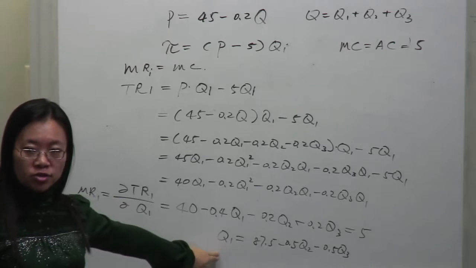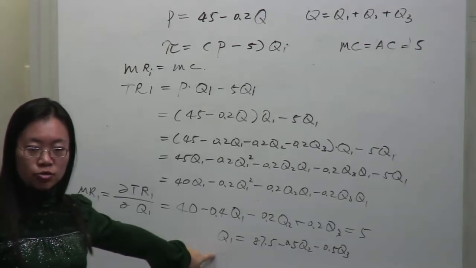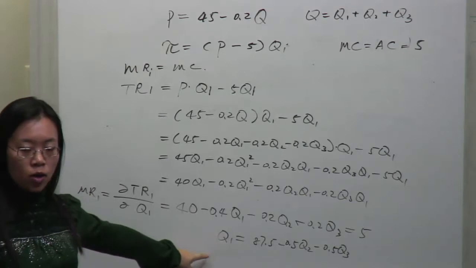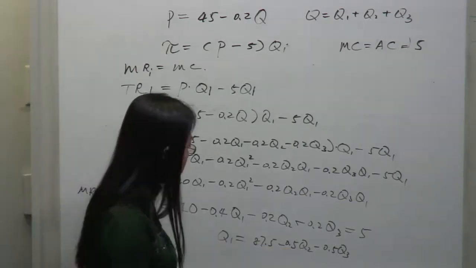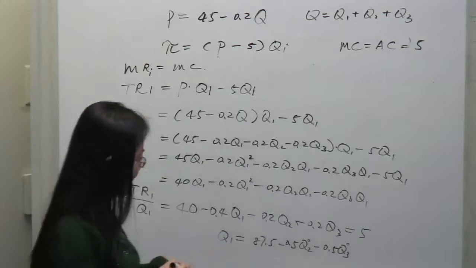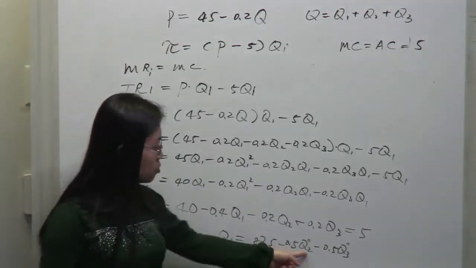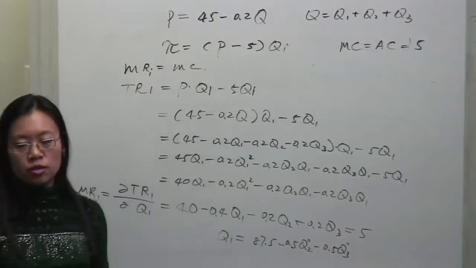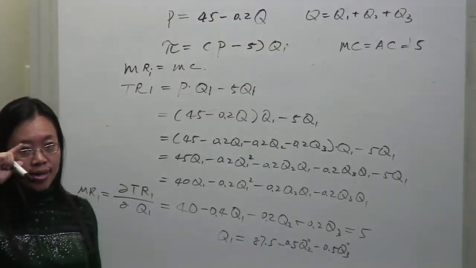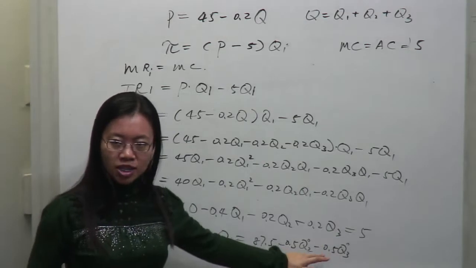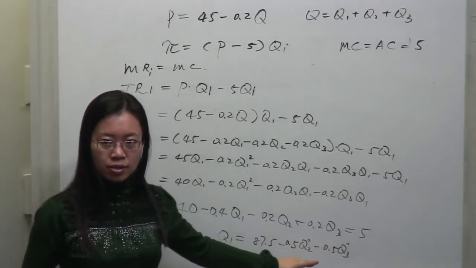This is what we call the best response function. So this tells you how Firm 1 should behave. And for this Q2, Q3, remember we put a circle on the top? That means this is Firm 1's expectation of Firm 2 and Firm 3. So before Firm 1 reacts, they have expectations, and they take that into consideration when they make decisions.